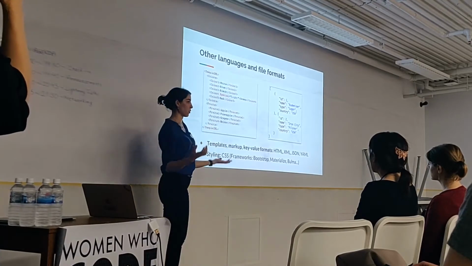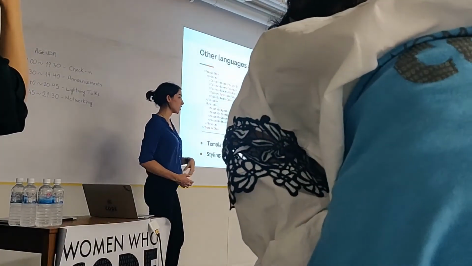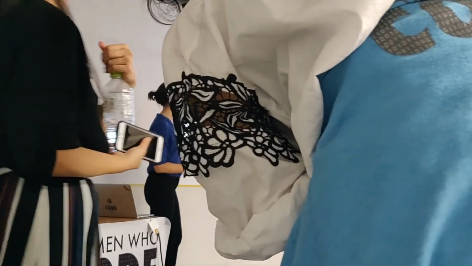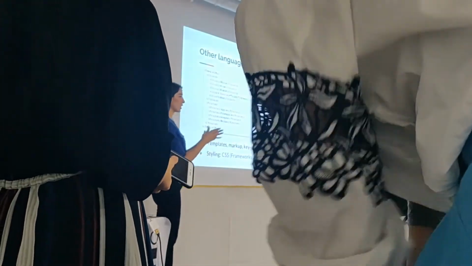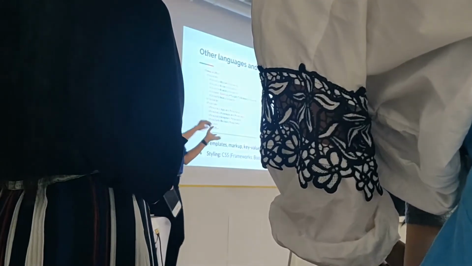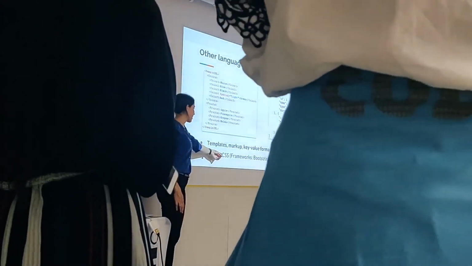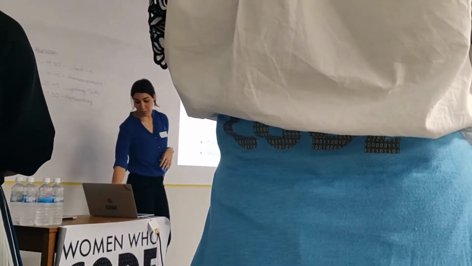Those are other file formats that you're going to see when you're programming software. They're useful to transfer data around from one place to another. You put in a file in this format, or you put in an object in this format, and then you pass it around. And for styling, there's CSS, which is the most common one, to put your colors and borders, shadows, that kind of thing on your pages.